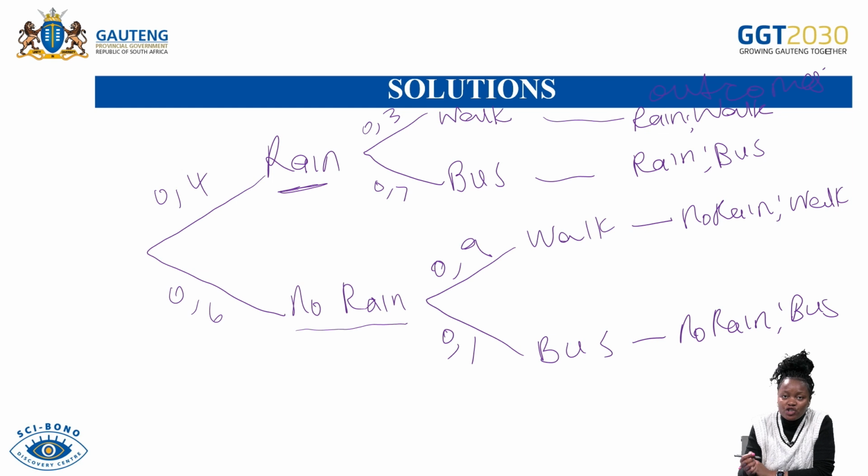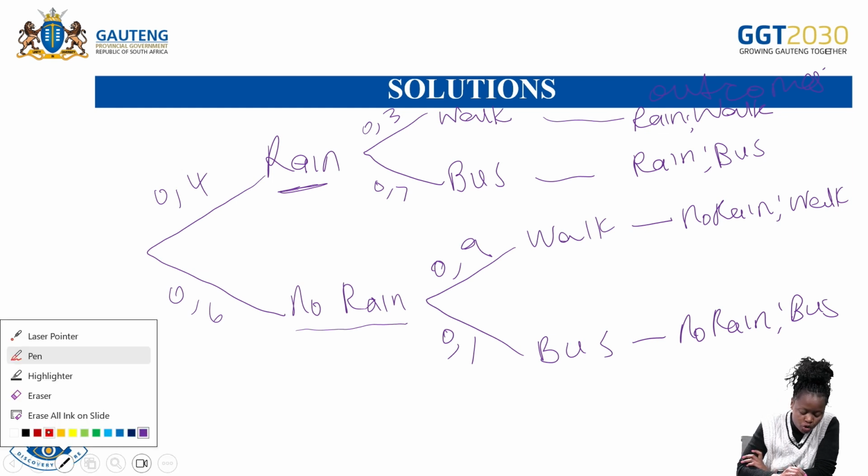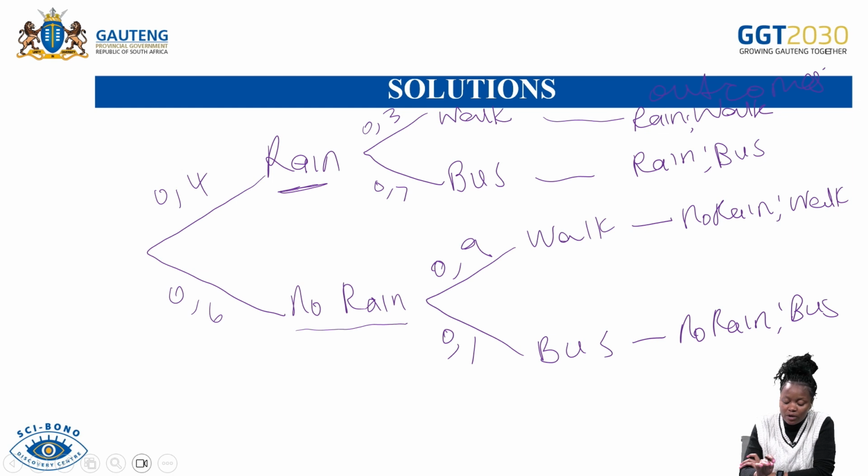So now the question is, what is the probability that Lindiwe is going to walk tomorrow? You go to your tree diagram, all of your answers are in your tree diagram. So you look at the events whereby Lindiwe is going to walk. If it rains, she walks. And this one, if it rains, she takes a bus. We are not looking for that one.